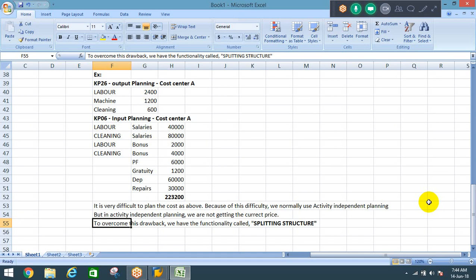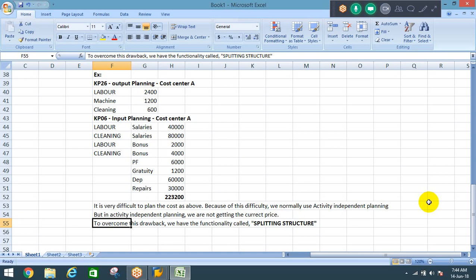To overcome the drawback, we have splitting structure. We cannot use activity dependent planning; we need to use activity independent planning. But in activity independent planning, we have that drawback. We are not getting the correct price.